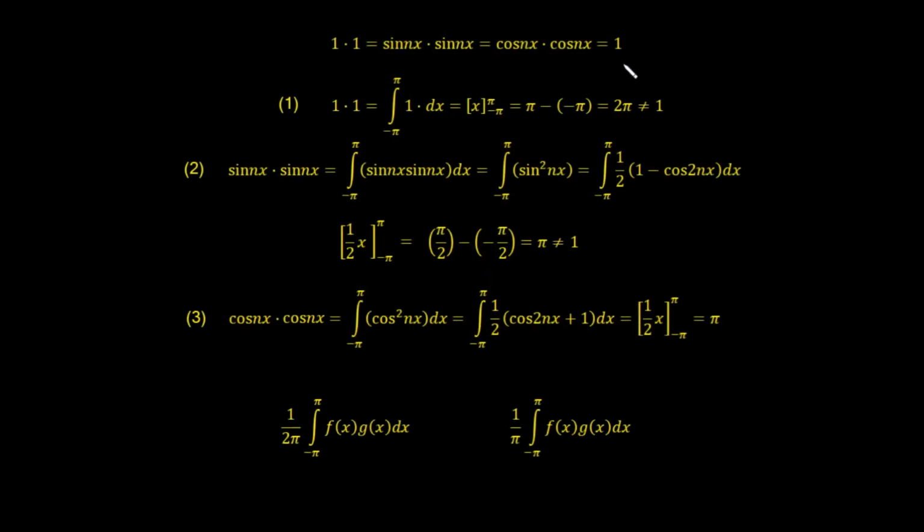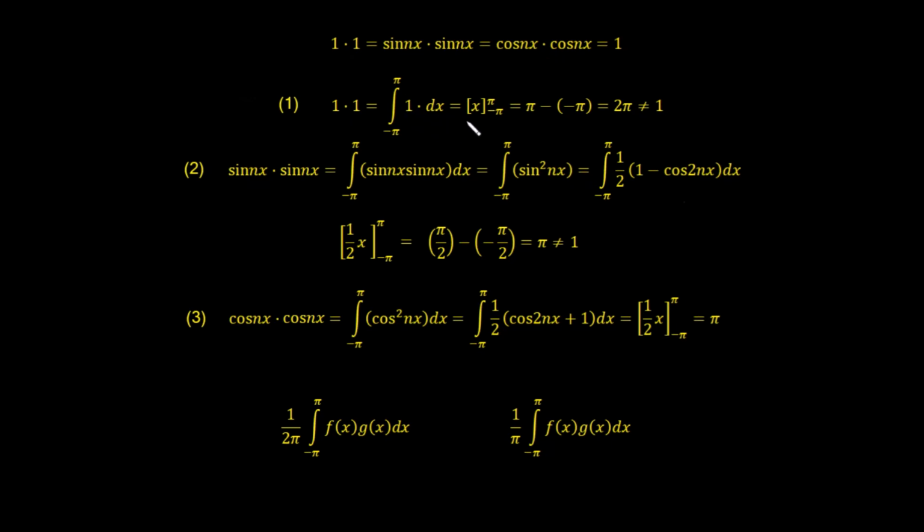I've taken a copy of what we want to prove. We want to show that 1 dotted with 1 is equal to sin nx dotted with sin nx, which is equal to cos nx dotted with cos nx, and that should give us a value of 1. We start off with the first one, 1 dotted with 1. That is the integral from minus pi to pi of 1 dx.